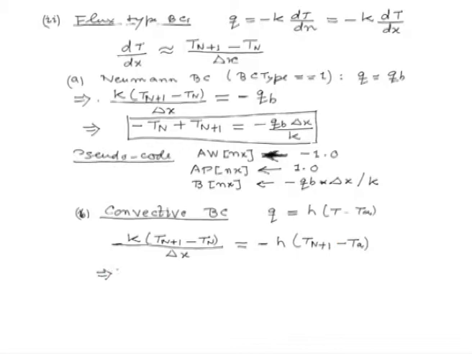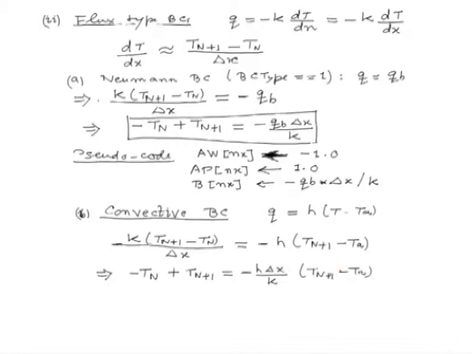Alternatively we can rearrange it as Tn minus Tn plus T of n plus 1 is equal to minus h delta x by k into T of n plus 1 minus Ta.